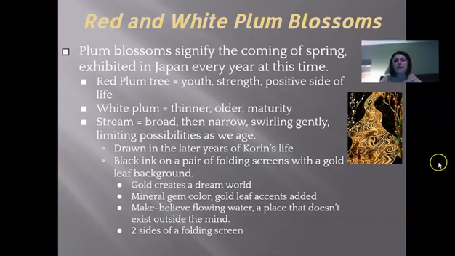So the plum blossoms in Japan signify the coming of spring. So it's kind of like blossoming. So you've got a red plum tree, which is youth, and the white as we age. And you'll notice it goes backwards, kind of the same way that Gauguin's does. And the stream, which is so wild and so wide, starts to limit, as we get older, our possibilities and our opportunities.